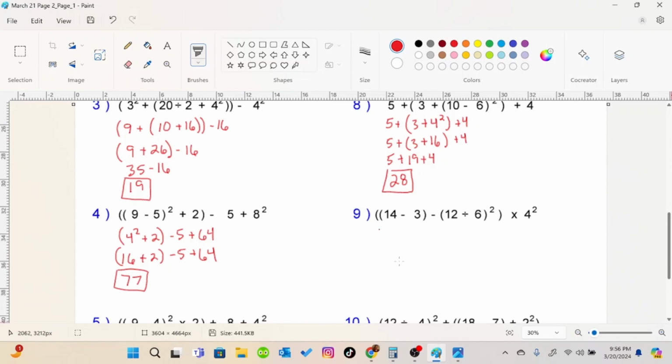Number 9. 14 minus 3 is 11. 12 divided by 6 is 2.